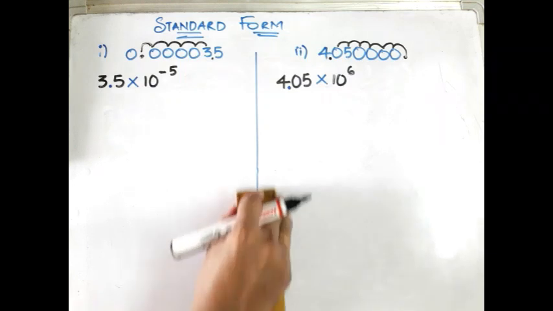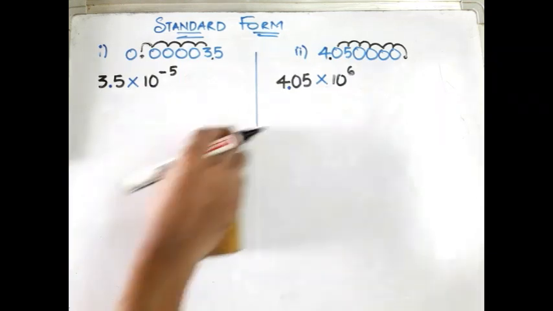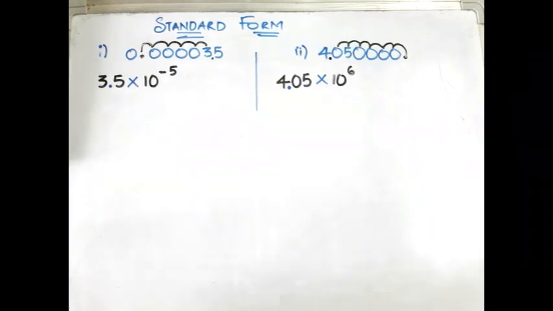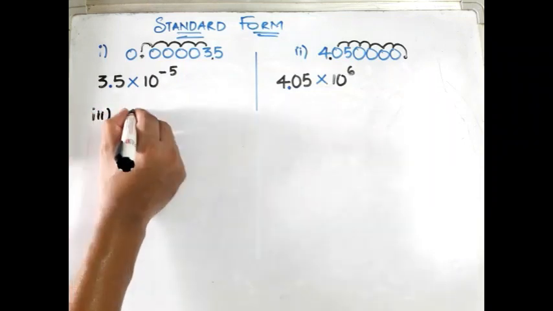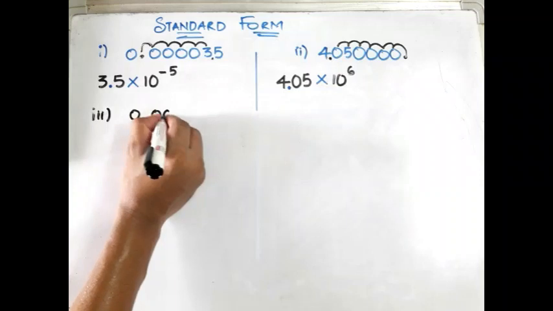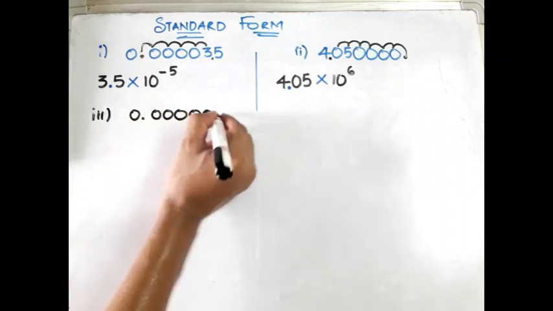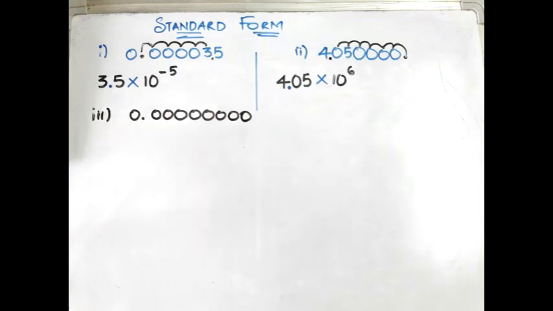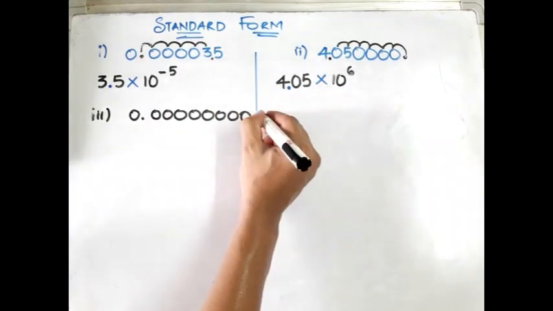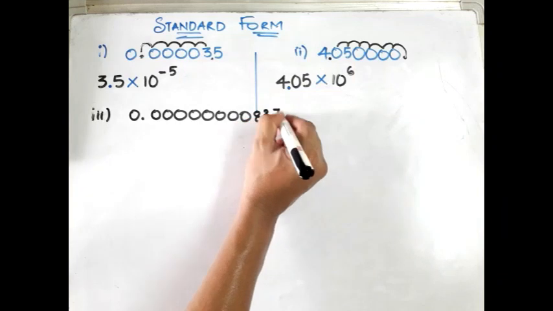I will give one more example. Please look. So I am taking 0.1234567 and 837.